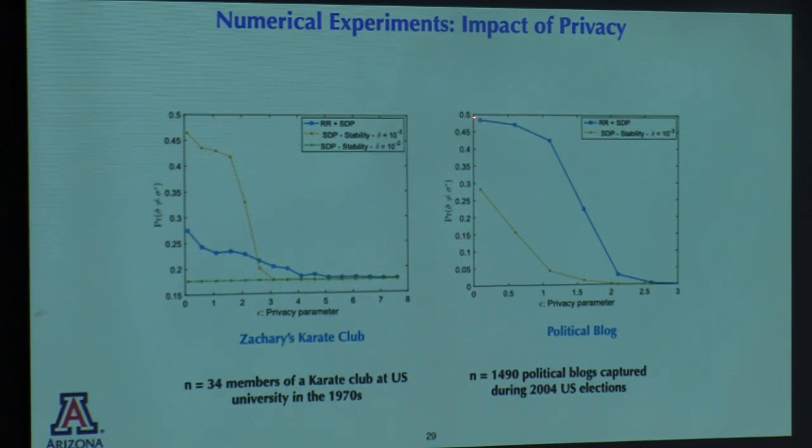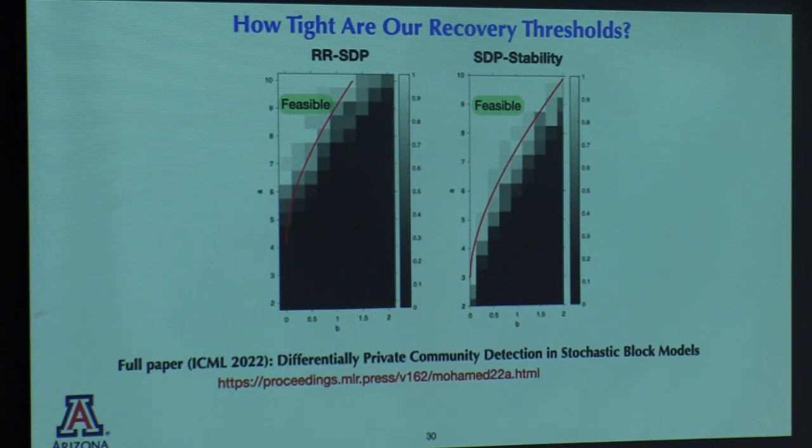It starts high and goes down to 0, but much later, for larger epsilon. SDP and stability, for delta being 10 raised to the power -3, goes down much faster. We observed this both in the theory and in some of our basic examples. The full paper is available on arXiv and was published last year. The SDP is just the algorithmic relaxation.